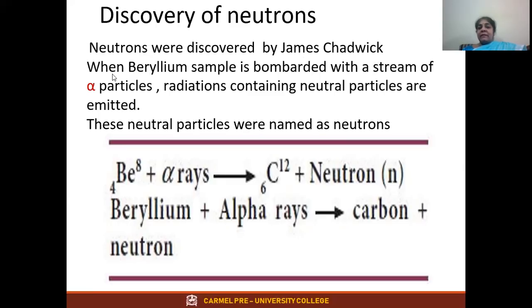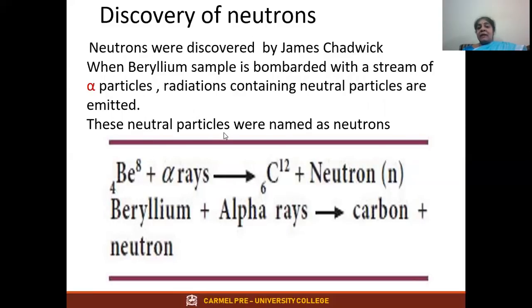How did he discover them? When a beryllium sample is bombarded with a stream of alpha particles, radiations containing neutral particles are emitted.